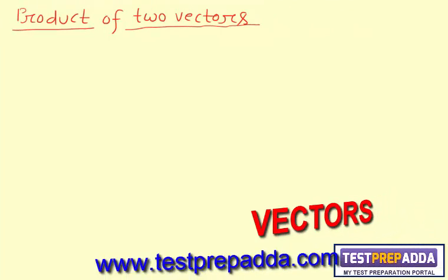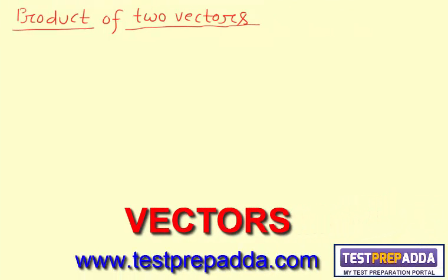Dear students, you must be aware of this point that many physical quantities are obtained by multiplying other physical quantities, like momentum. Momentum is obtained by multiplying mass with velocity.